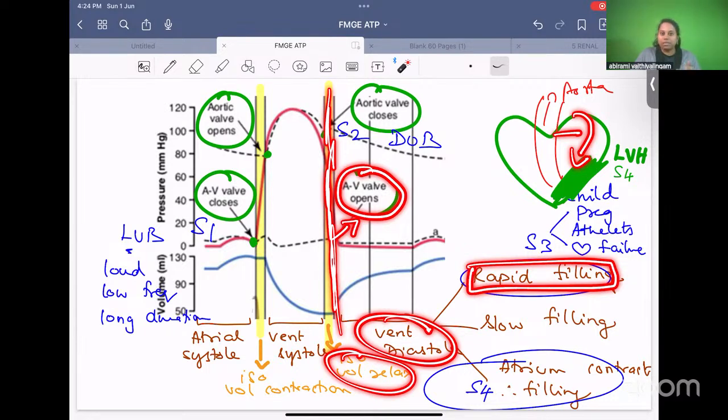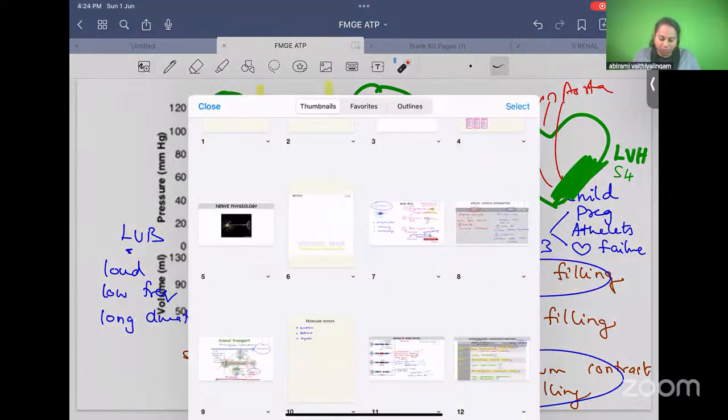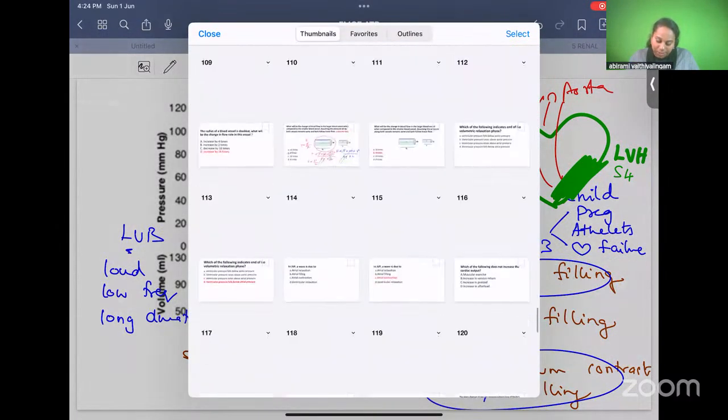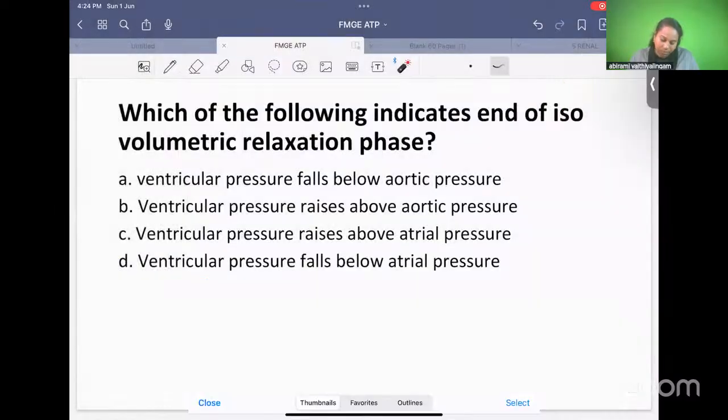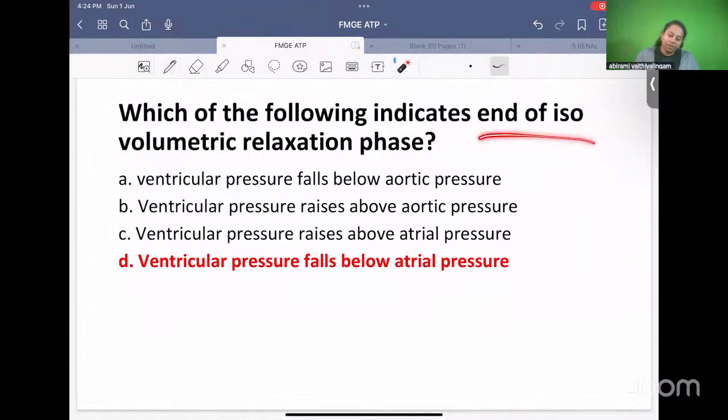So what is the answer? Ventricular pressure falls below the atrial pressure. The gradient is more. That is why it is rapidly flowing from atrium into the ventricles. So at the end of isovolumetric relaxation phase, ventricular pressure falls below the atrial pressure. Yes, D is the answer.